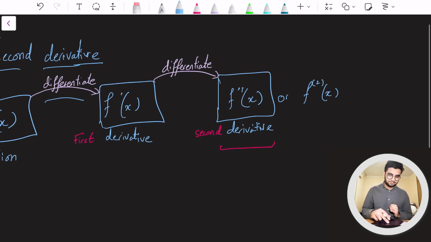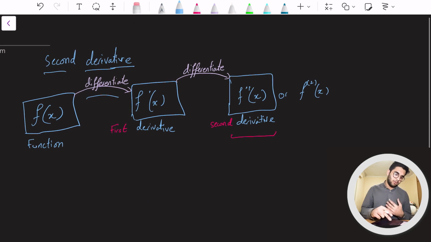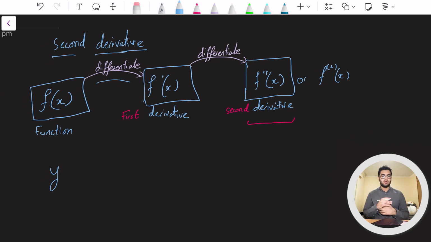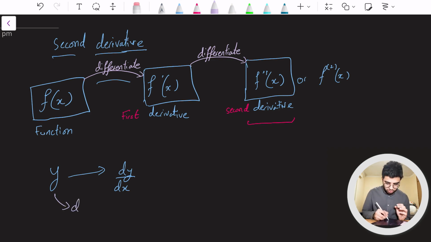Not very complicated. Now, you don't only get the function as f of x, you can sometimes get it as y. What do we do in this case? Well, we differentiate it, and we get dy on dx. When you look at that, all you really did was you took y and added a d on dx behind it.